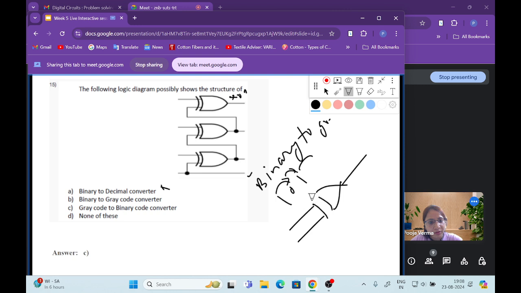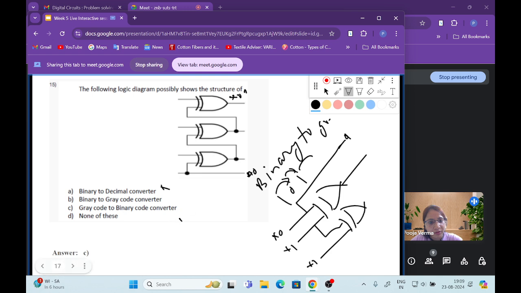The first bit is the same, and for each next bit we XOR adjacent inputs. It is not binary to gray conversion because here we are taking from the output to the input. The first bit is the same, x0, and for the next bit we XOR the input with the previous output. So it is possible only for gray to binary conversion.